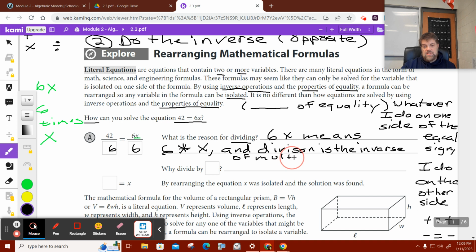So what that means is when I look at the x and I want to get the x by itself, I go, what is the number doing to the x?